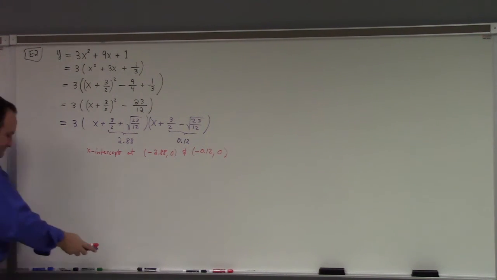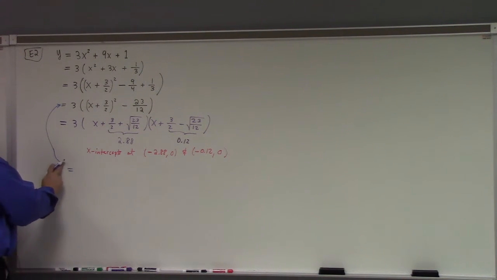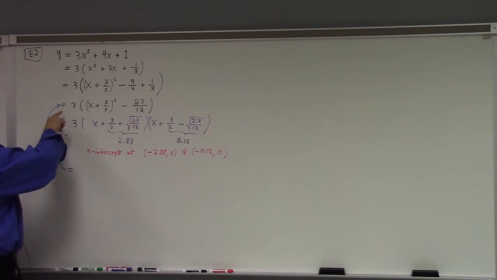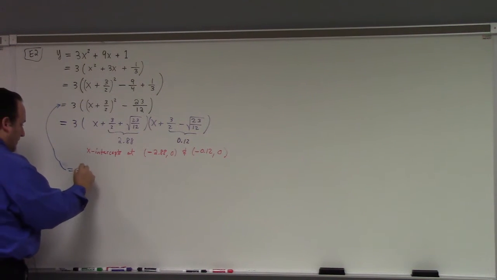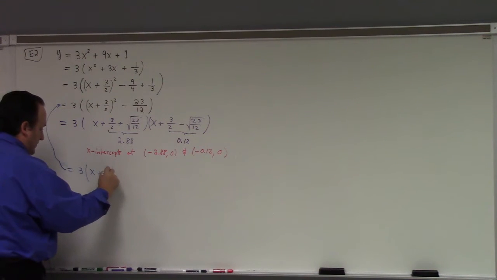Where's the vertex? So to see the vertex, I'm going to come back to this step right here, and I'm going to multiply that 3 through, and I'll keep it on the first term, of course, 3 times x plus 3/2 quantity squared.